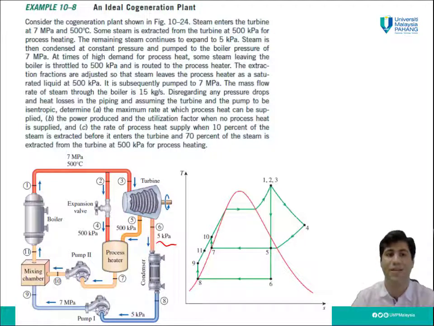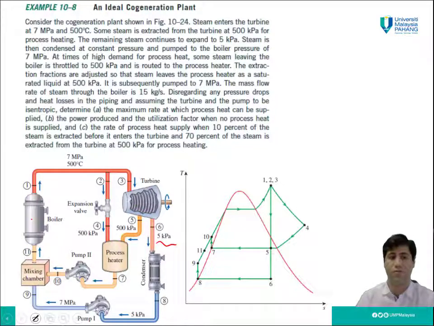Steam is then condensed at constant pressure and pumped to the boiler pressure of 7 megapascal. As you can see here, before and after the condenser the pressure doesn't change. It's an isobaric process. Then it will go to the pump. The pressure is increased to 7 megapascal, and it is sent to the boiler or mixing chamber, which is just a mixer.